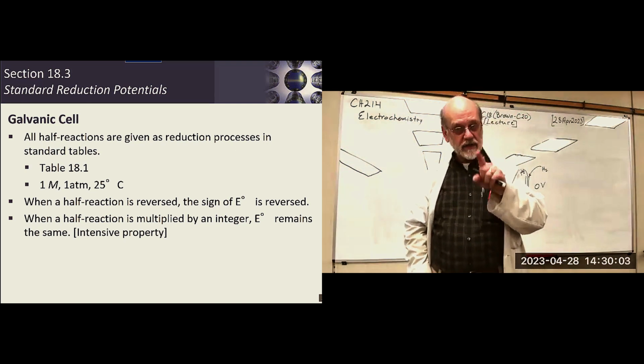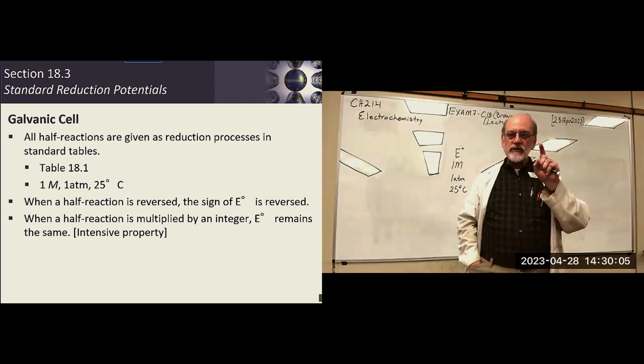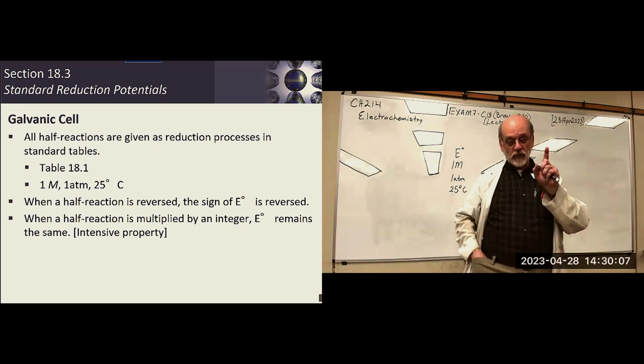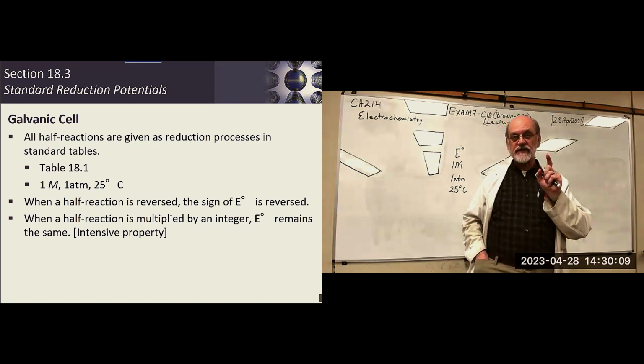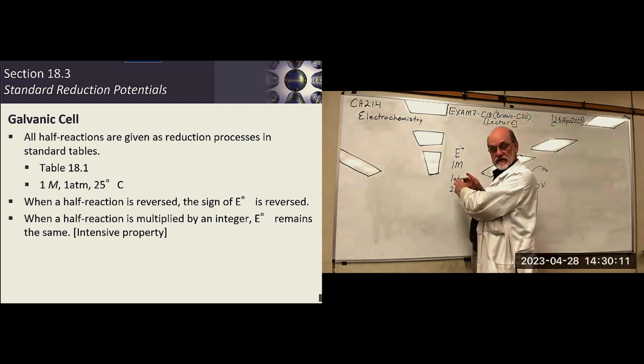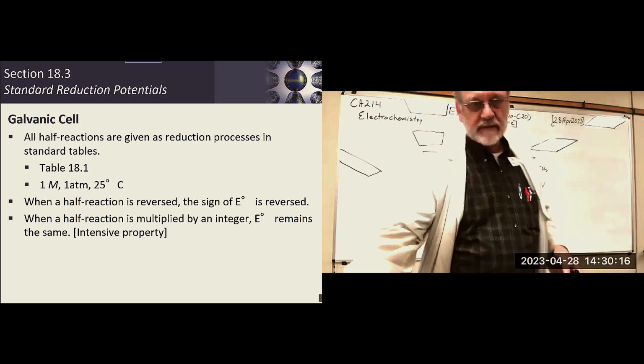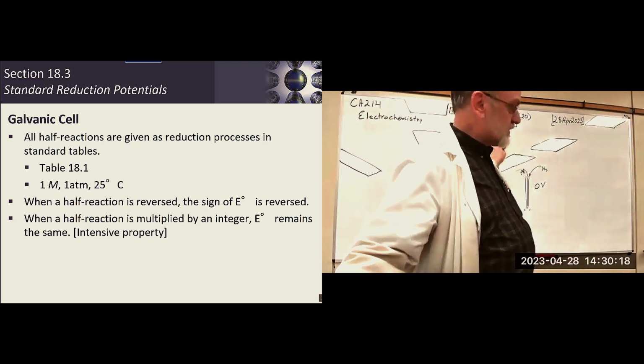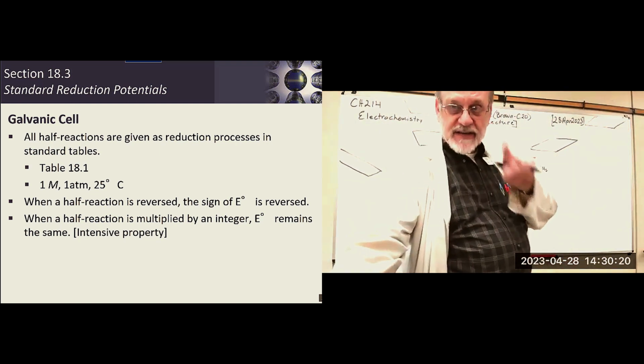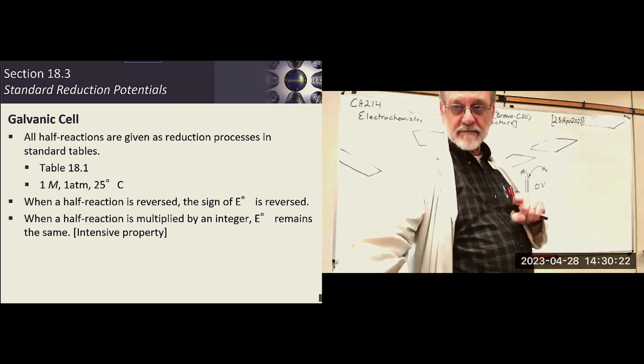We're going to learn in a little bit how to calculate the actual potential for a cell at different concentrations and different temperatures. But under these circumstances, standard potential is an intensive property.